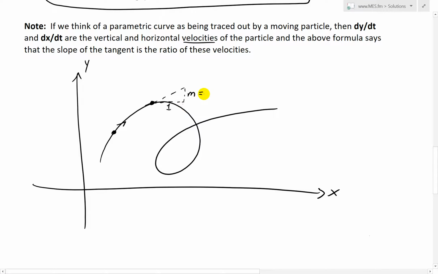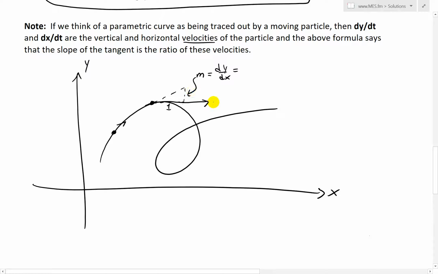This one's the slope. That's going to be our dy over dx, and this is going to be equal to the ratio of the horizontal component of the speed of this particle. So I'll move this m over here as the slope.